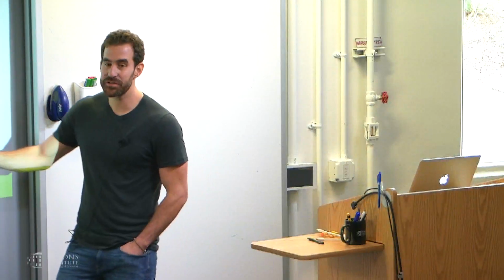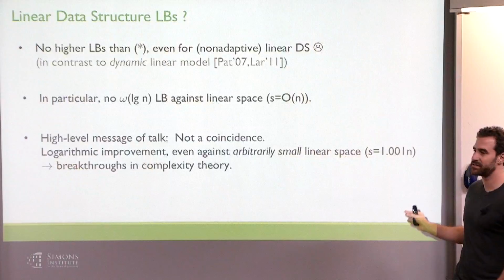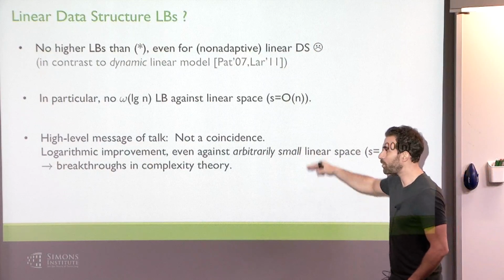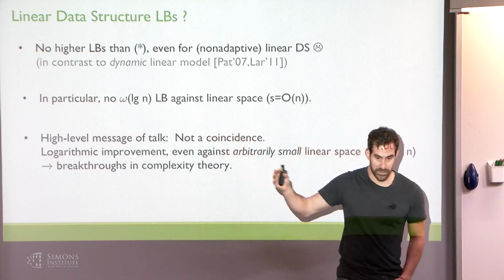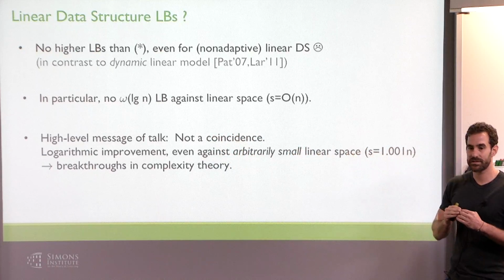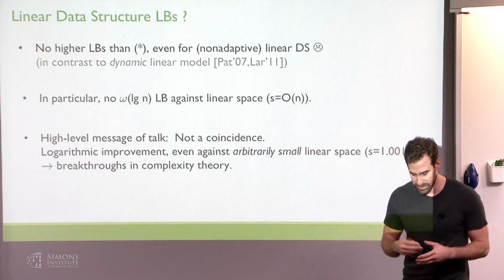I should say in advance that this will not be a complete no-go theorem for data structure lower bounds, in the sense that proving a polylogarithmic, say log to the 10, query lower bound against linear space will still not nearly get us to circuit lower bounds on log-depth circuits.